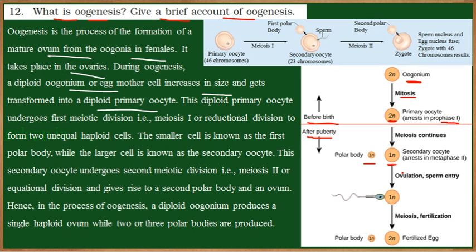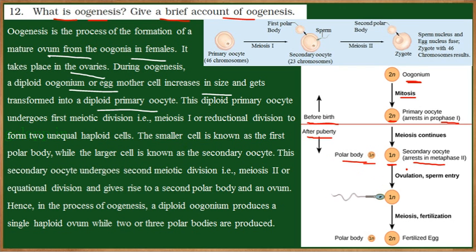One cell is bigger in size because it has received the maximum amount of cytoplasm, and this cell is called the secondary oocyte. The smaller cell, with little cytoplasm and a haploid number of chromosomes, is called the polar body, which may not develop further. It may degenerate. So one functional secondary oocyte has been formed.